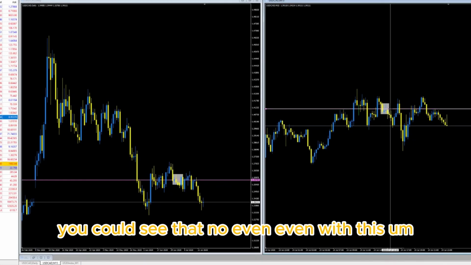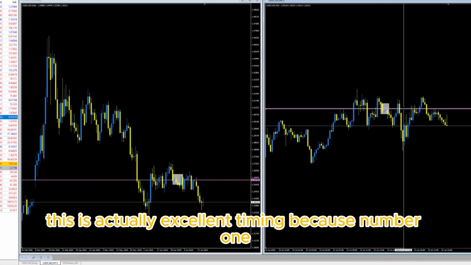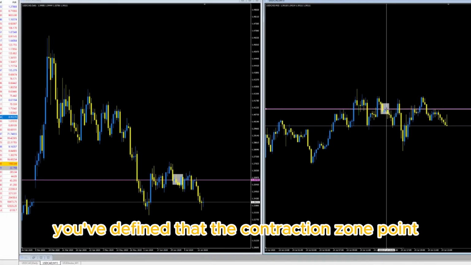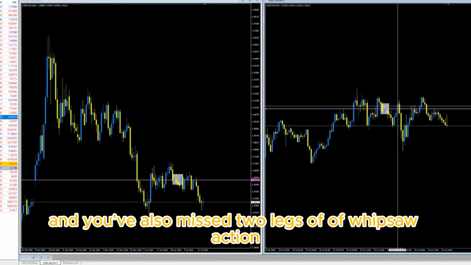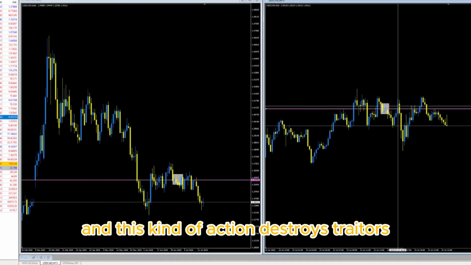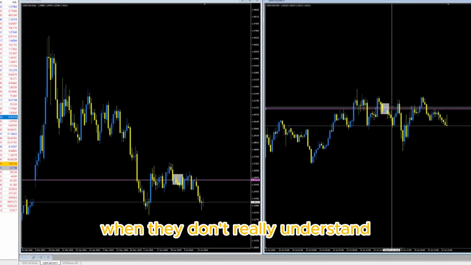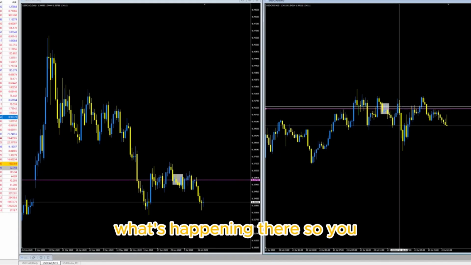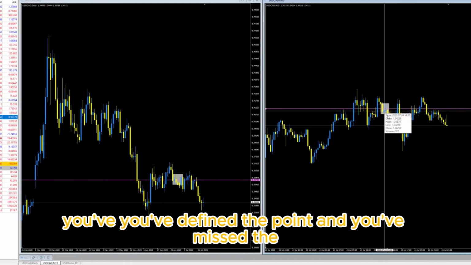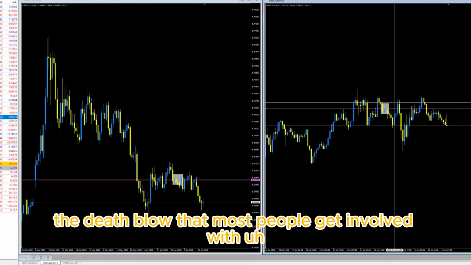You could see that no, even with this, this is actually excellent timing, because number one, you've defined the contraction zone point, and you've also missed two legs of whipsaw action. And this kind of action destroys traders when they don't really understand what's happening there. So you've defined the point, and you've missed the death blow that most people get involved with.